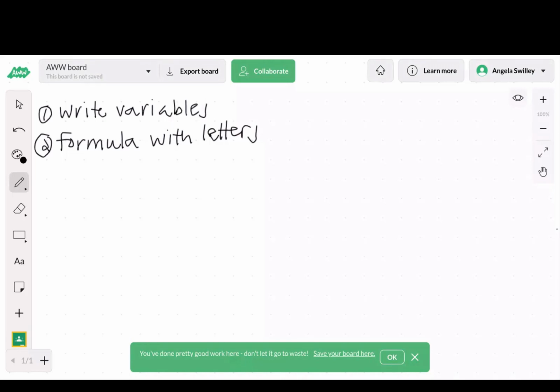Write your formula letters. I know this is messy. I'm sorry. I don't use this very much, so you're going to get messy writing. The third thing that we want to do is write our formula with numbers.